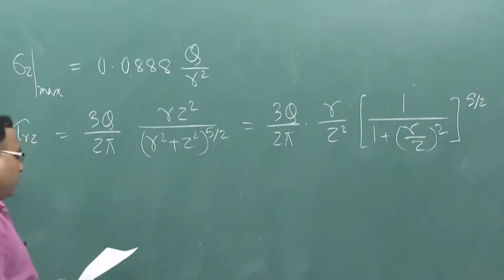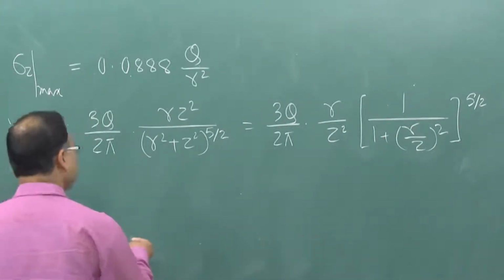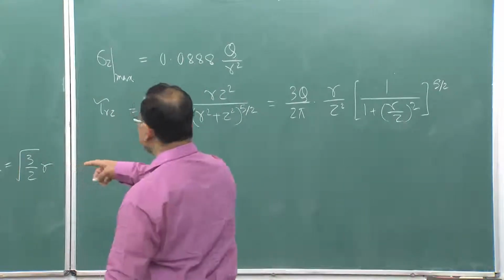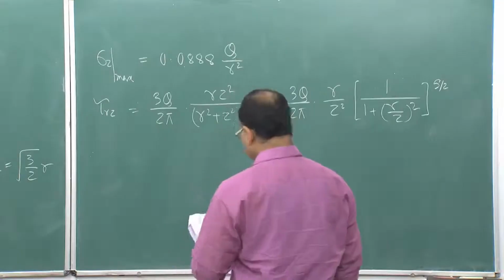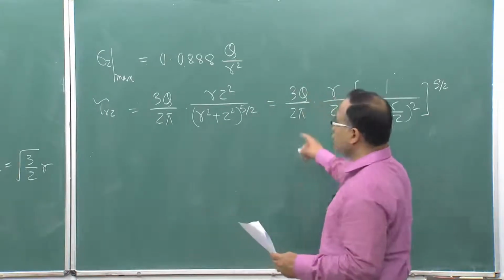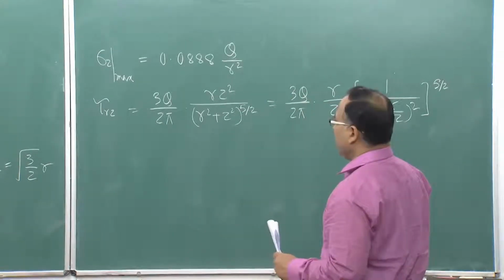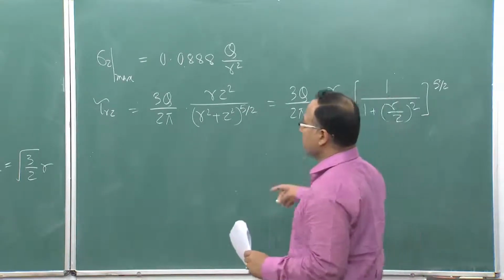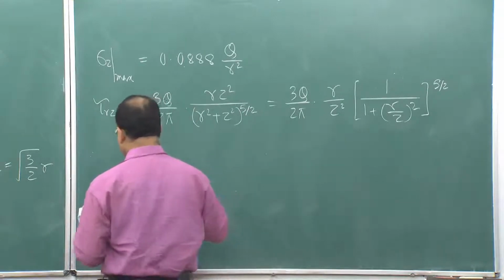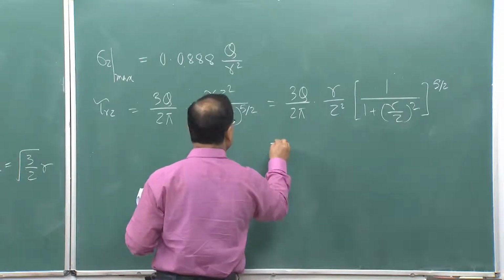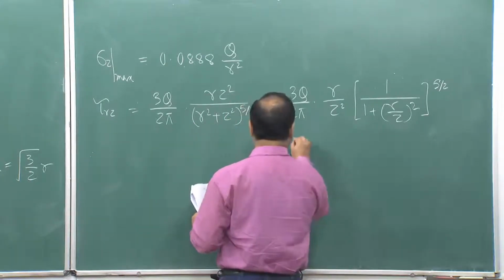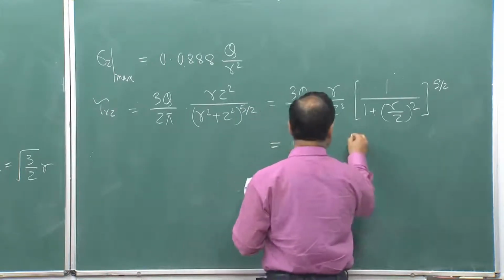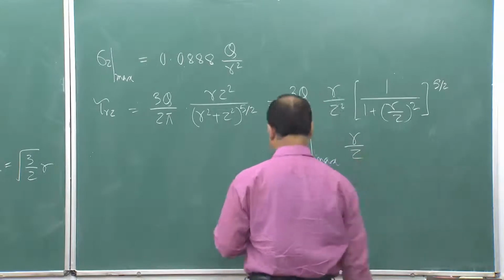Okay. So, now if you compare this expression with sigma z max, 3q by 2 pi is there, and 1 plus r by z whole square, all those things are there. So, I can write tau r z is equal to sigma z max into r by z.